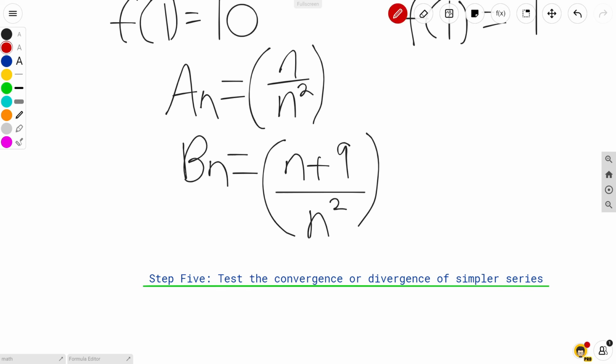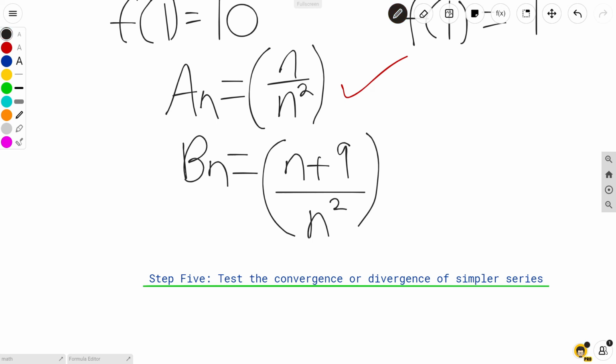So which one of these two is the simpler one? n over n squared or n plus 9 divided by n squared? It's clearly that one. So we're going to go ahead and test the convergence of that one.